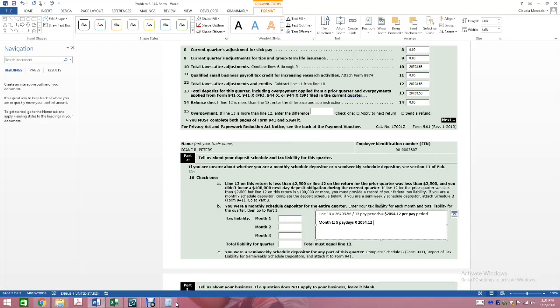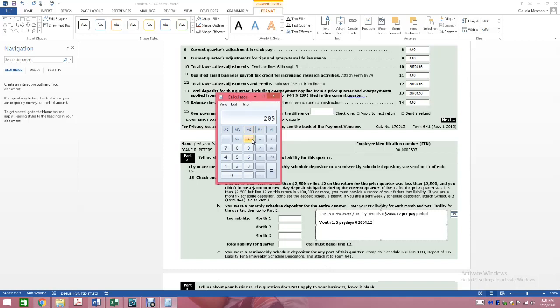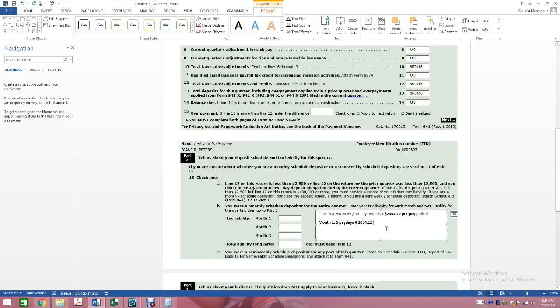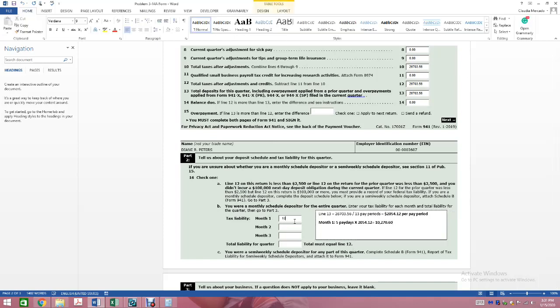What does that give us? $2,054.12 times 5 gives me $10,270.60. So that's the amount for my month 1, $10,270.60.